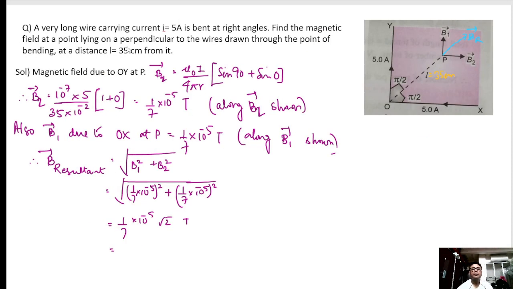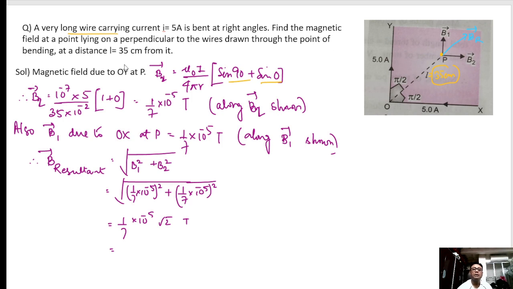Next is, there are two very long wires, that means infinite at one end. So the moment I say infinite at one end, you have to put sine 90 and sine 0. So we have to find out what is the magnetic field at the point P at a distance of 35 centimeter from it.